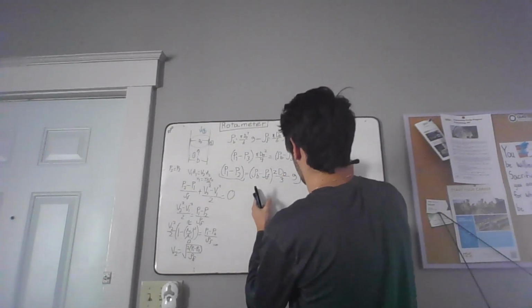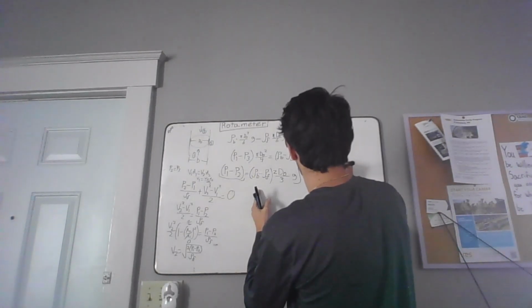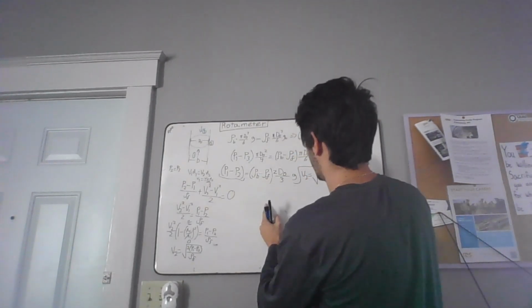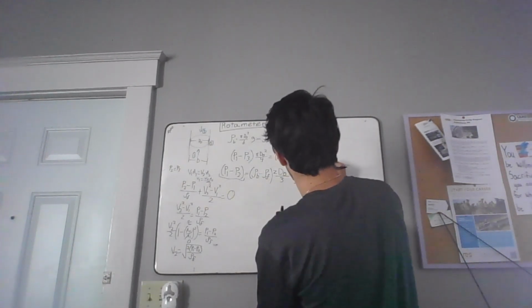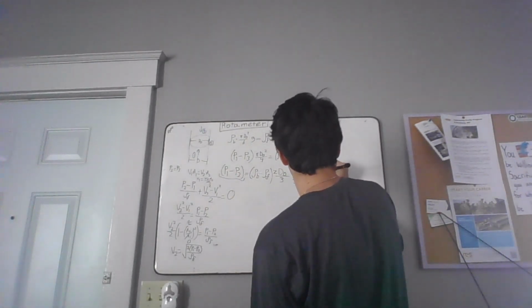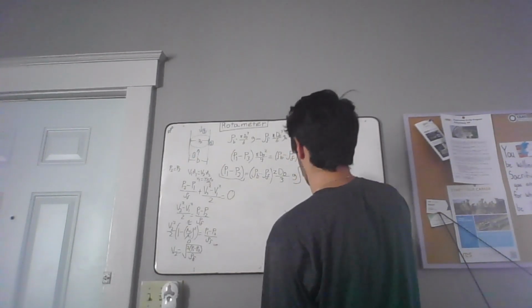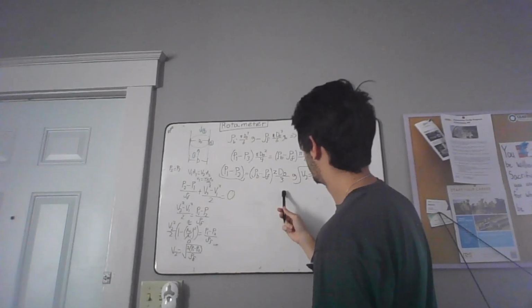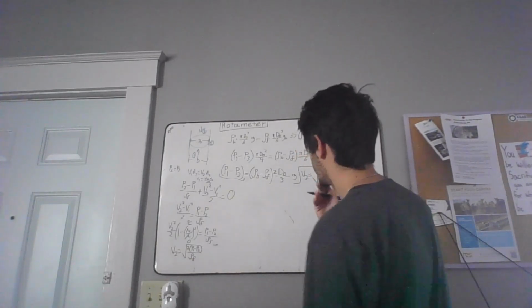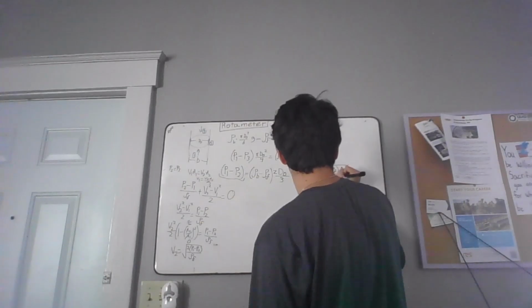So this is going to be 4 over 3 in the denominator, times g, and then rho f.